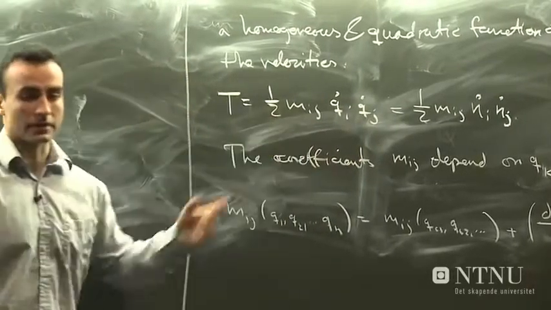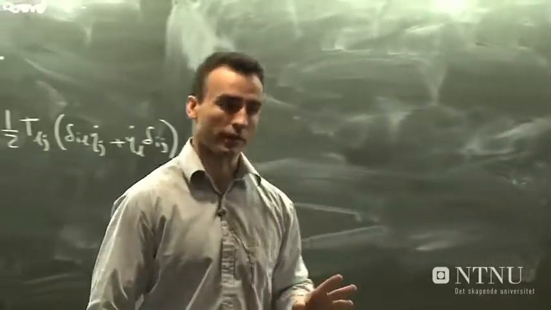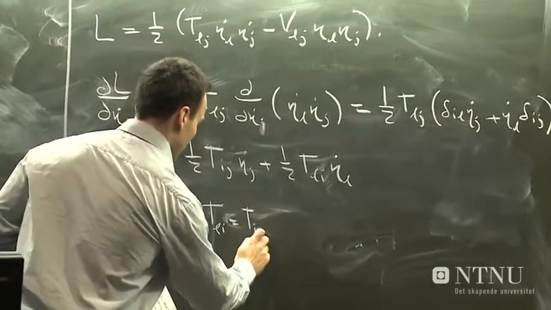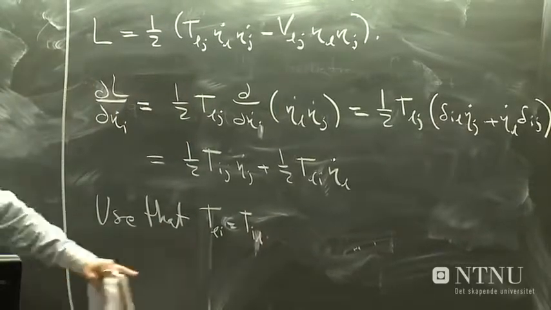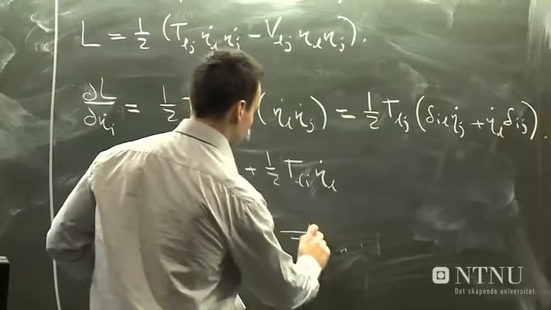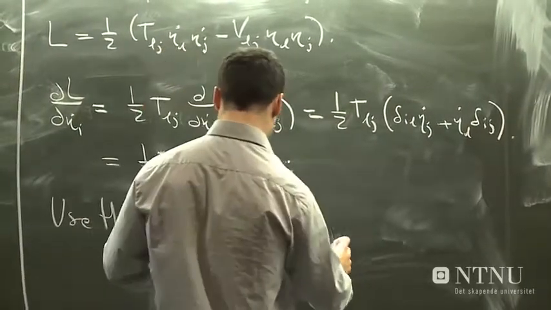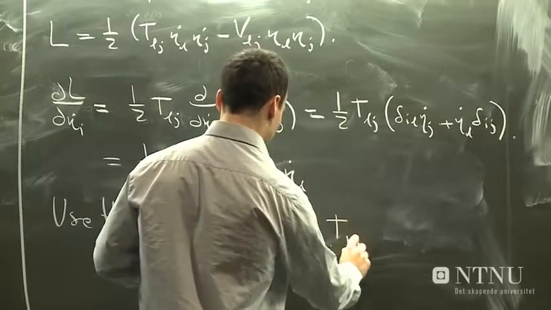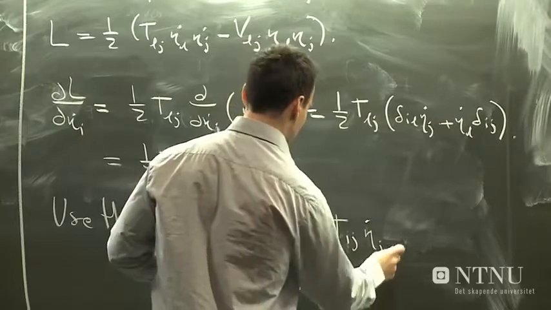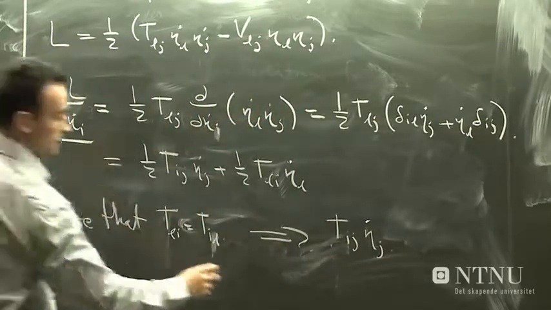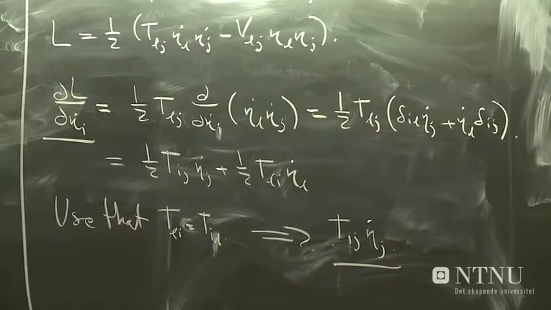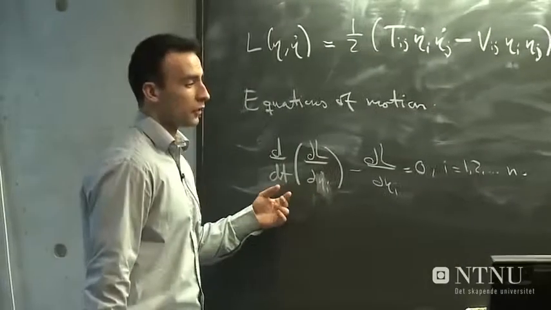So this mass coefficient should be the same if you exchange the coordinate indices. So we make use of the symmetry in this expression here and find this. So this is the first term, which we should put into here for the Lagrange equation.